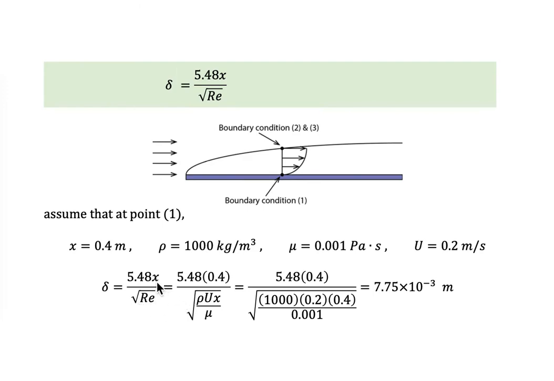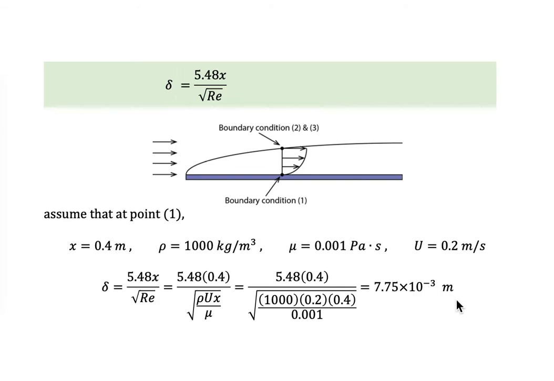We substitute x with 0.4, and we change the Reynolds number into its equation, rho u x over mu, substituting the density, the free stream velocity, the location of point 1 for x, and the dynamic viscosity mu. We find that delta is 7.75 times 10 to the power of minus 3 meters.